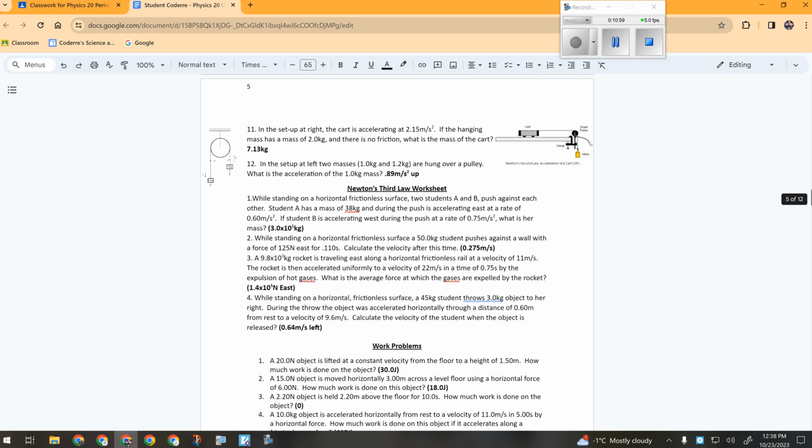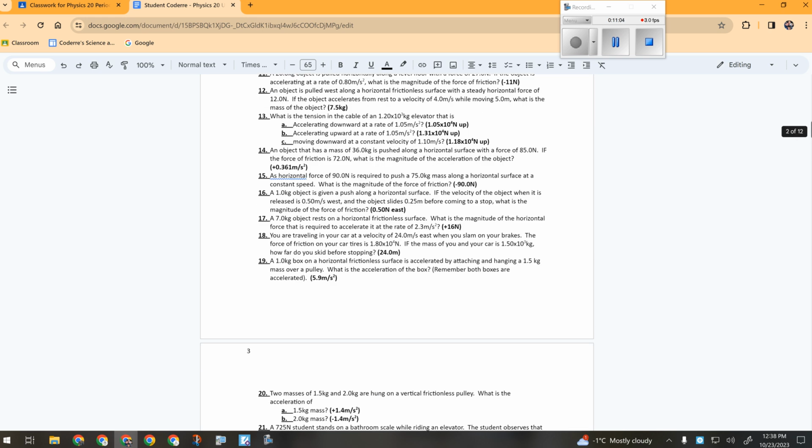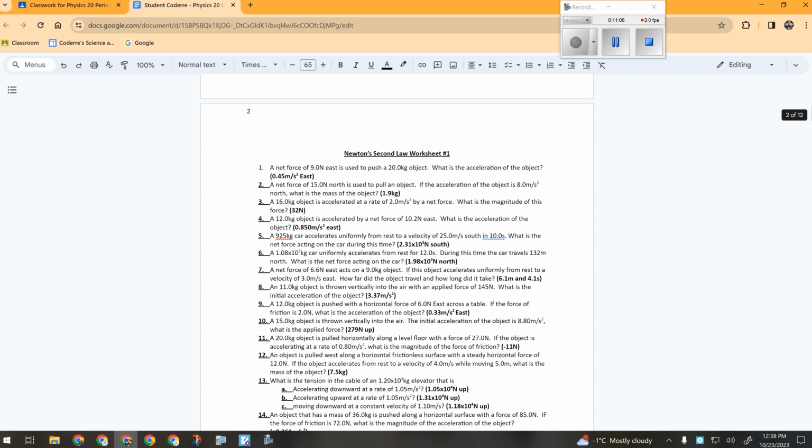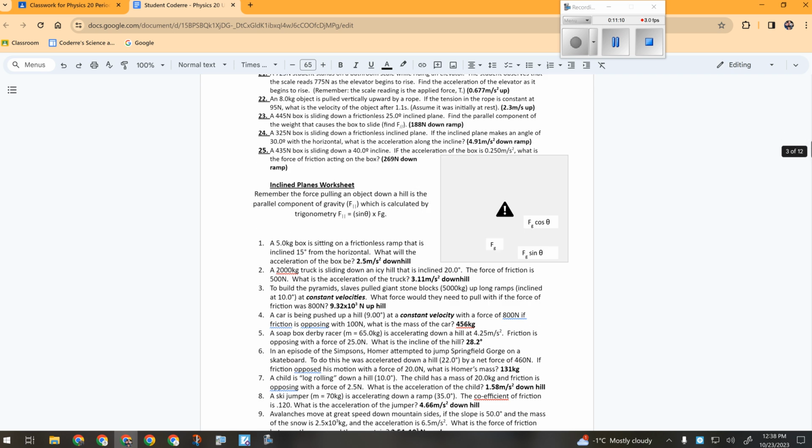So what I would like you to do is alternate between the inclined planes worksheet, which is on page 3 and 4, with the forces of vector quantity worksheet.